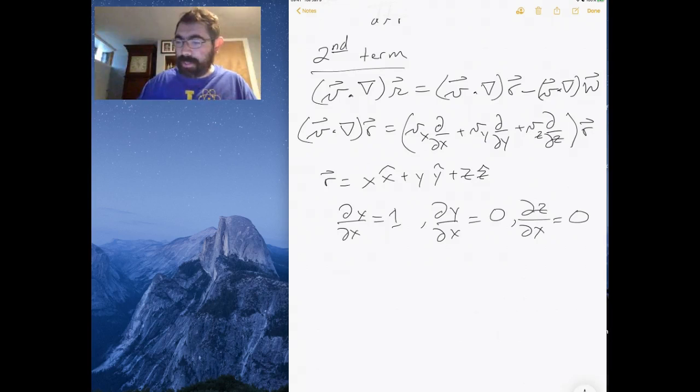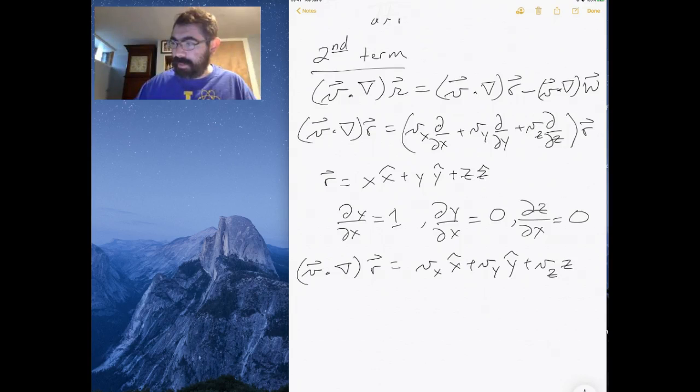So in the end, what you get for this term is vx in the x direction plus vy in the y direction plus vz in the z direction, which is essentially just v. So that gives just the velocity.